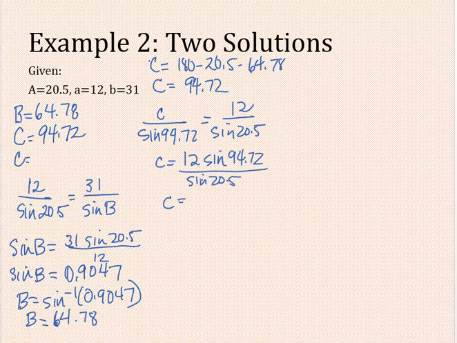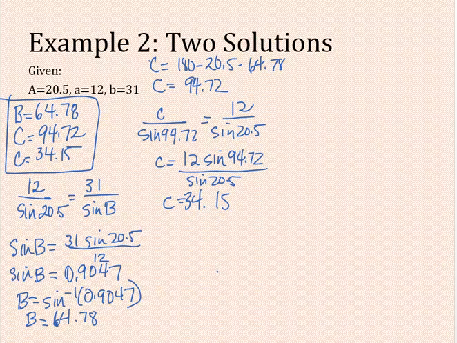So I find out that little c is 34.15. So I have at least one solution to this triangle. Now I need to see, are there two solutions?